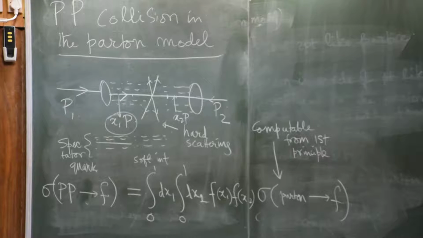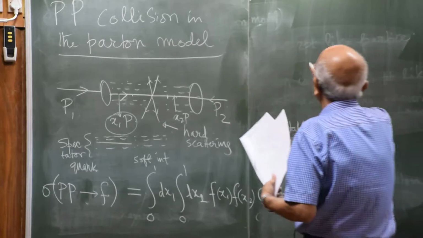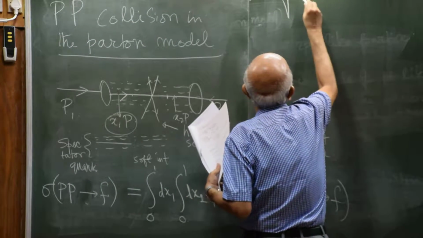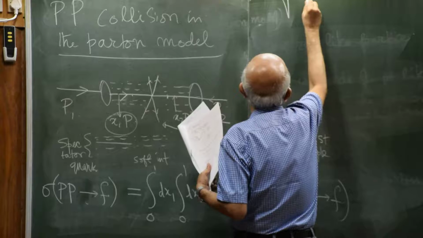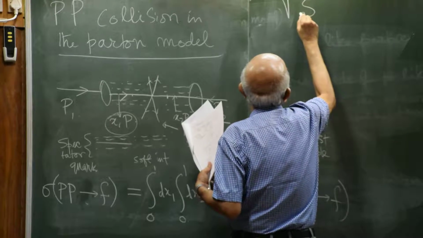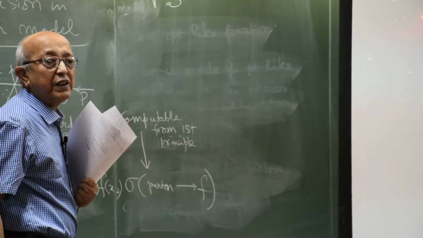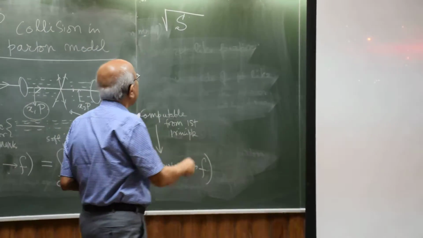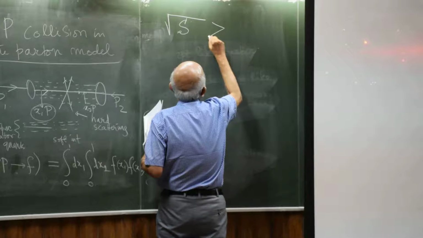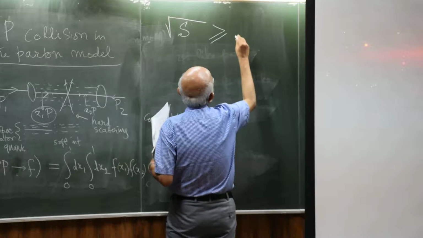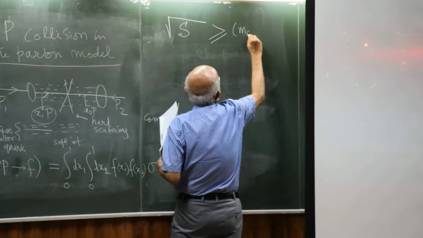state particles. So, this formula you should remember for understanding the discussion during the next lectures. The center of mass energy, which is normally denoted by square root of S, this is the common notation, has to be greater than or equal to m_C plus m_D.